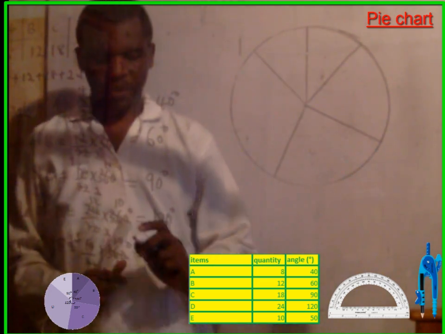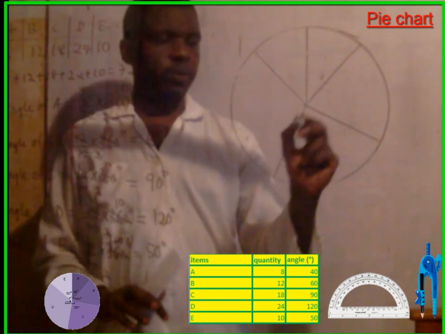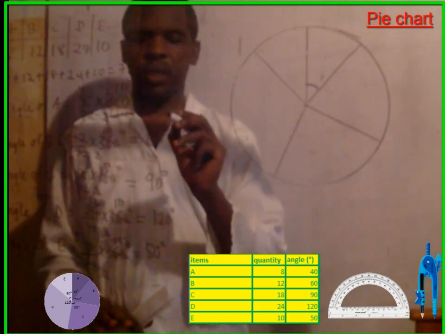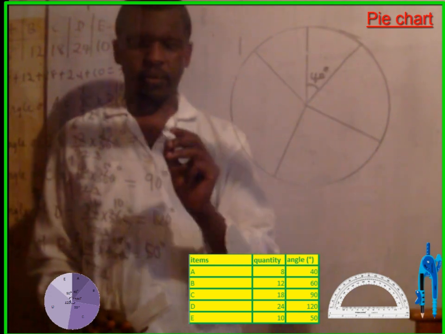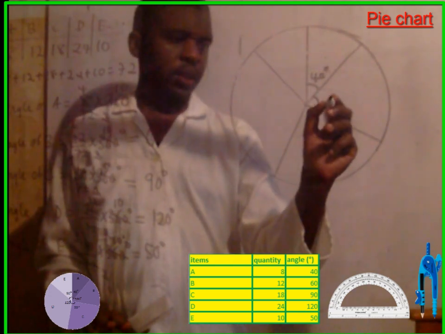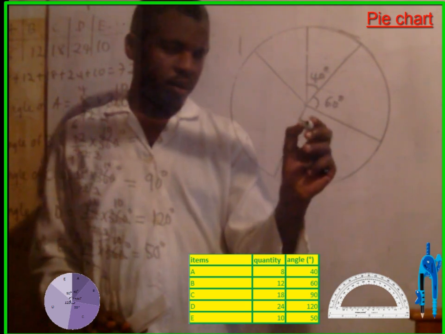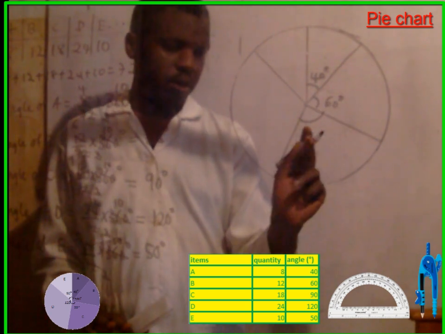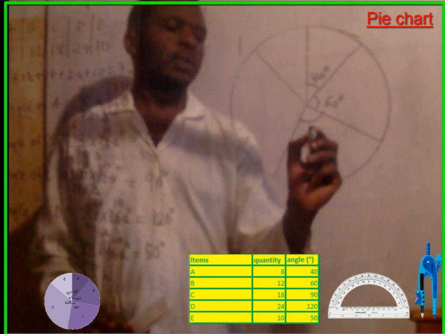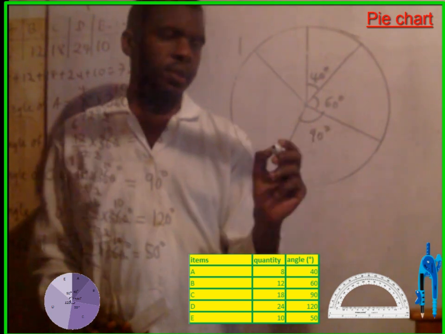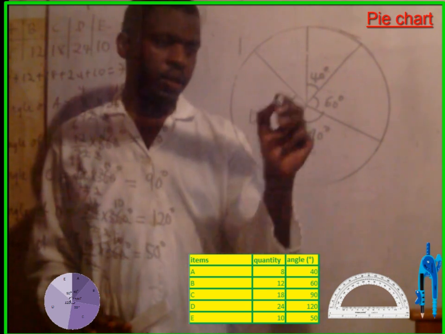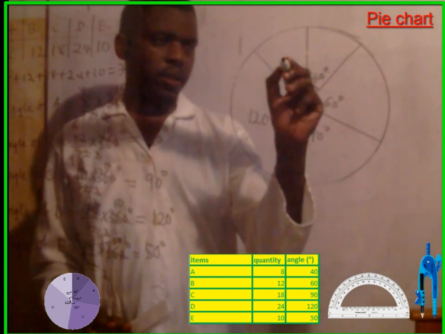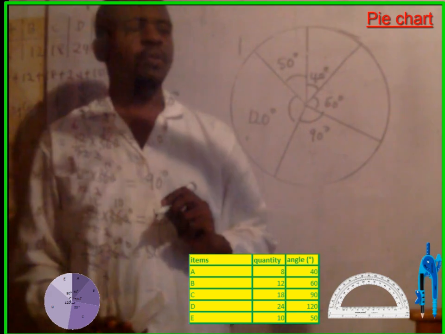The last one measures 50 degrees. So let me identify those angles here. You have 40 degrees, 60 degrees, 90 degrees, this is 120 degrees, and this measures 50 degrees.